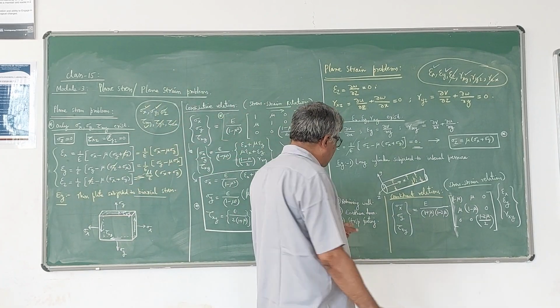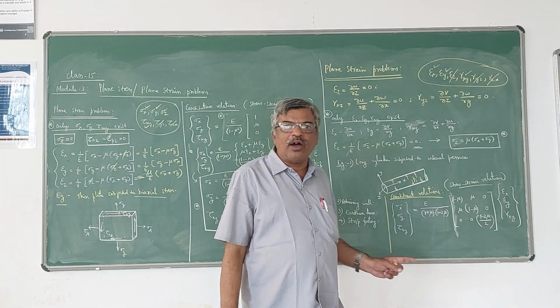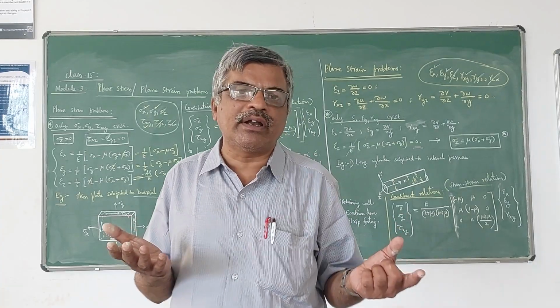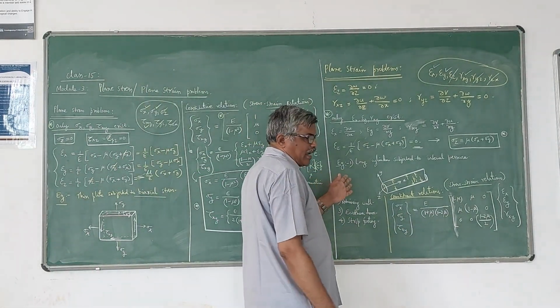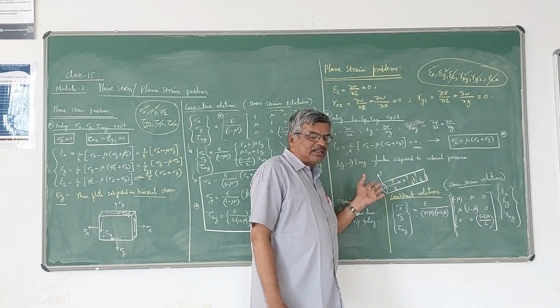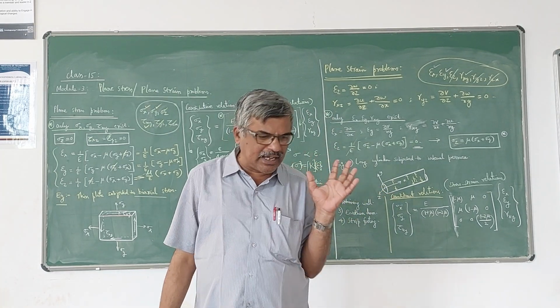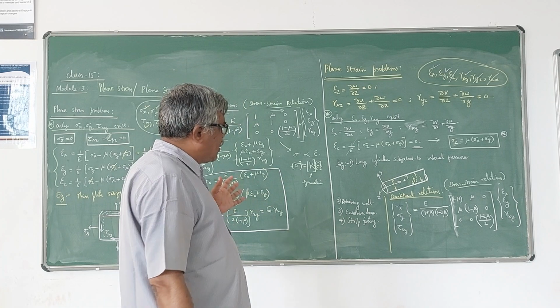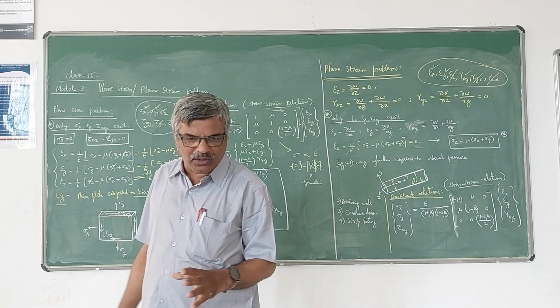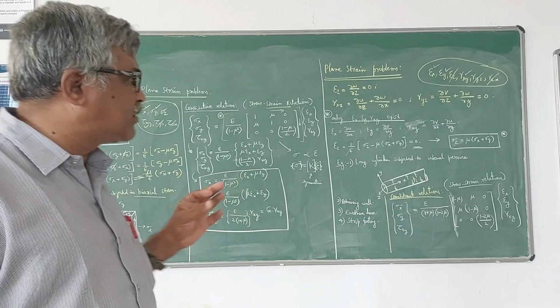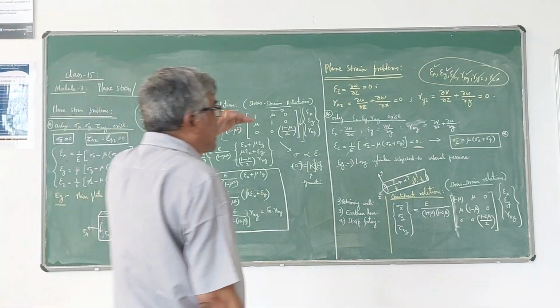Strip footing, this is also same. You have higher length compared to your width and depth of the footing. That means in any problem in which a structural element has larger dimension in one direction and smaller dimensions in the other two directions, that type of problem can be taken as a plane strain problem.